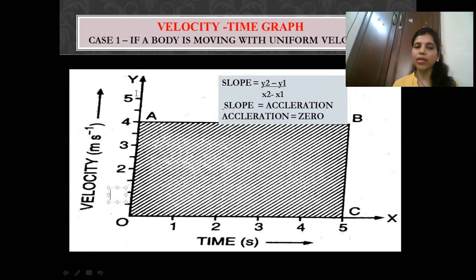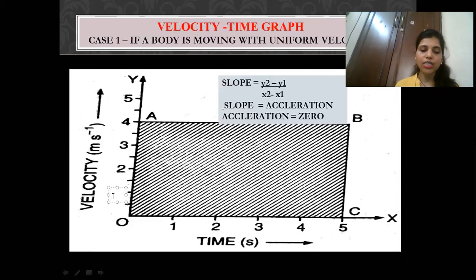When you are plotting the graph, at that time you consider 1 centimeter is equal to 10 meter per second. Now here, as you can see, it is 1 centimeter is equal to 1 meter per second. So here I am considering 1 centimeter, that means one box of the graph, is equal to 10 meter per second.